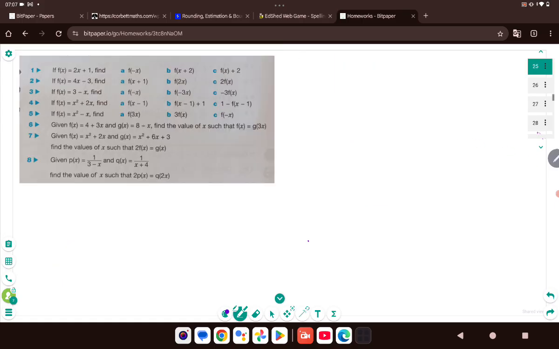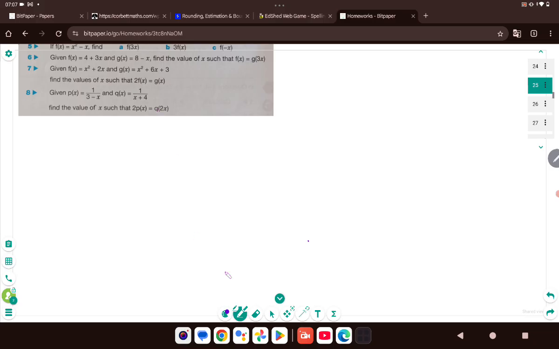Let's have a go at a few of these worded questions. Question 6. 4 plus 3x. So given that f of x equals 4 plus 3x and g of x equals 8 minus x, find the value of x such that f of x equals g of 3x.